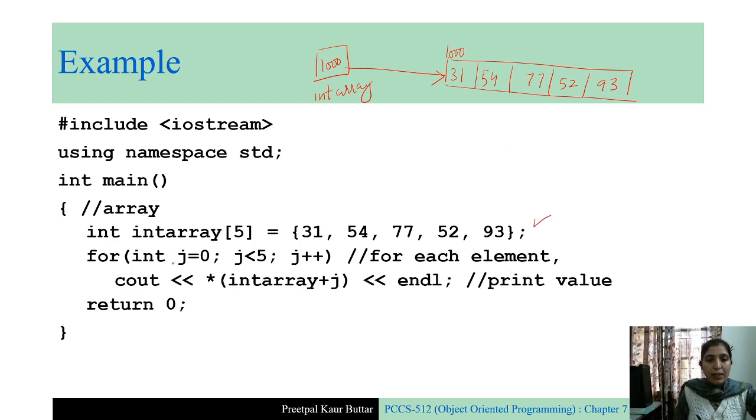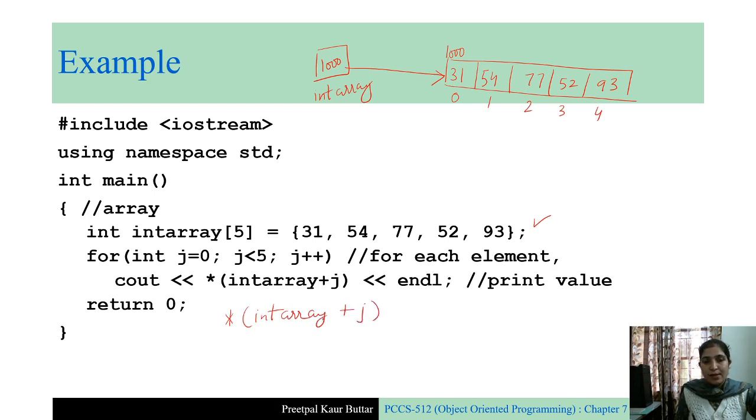And what are we doing in the next statement? We are going from j equal to 0 to j less than 5. It means we are iterating over all the elements of this array. 0, 1, 2, 3 and 4. And what are we doing at each iteration? We are doing star int array plus j.